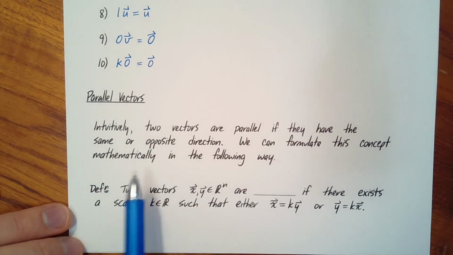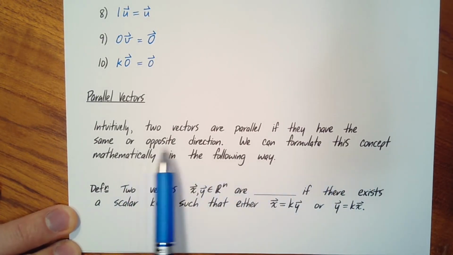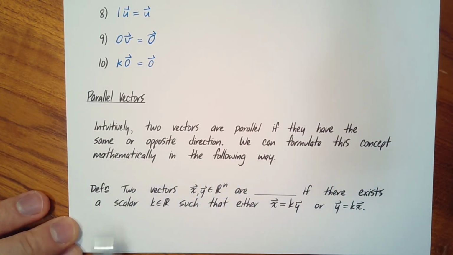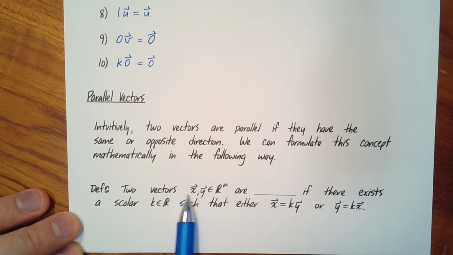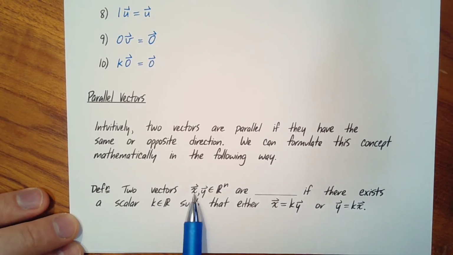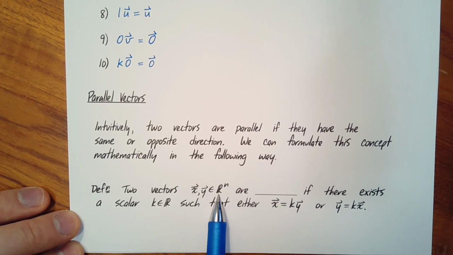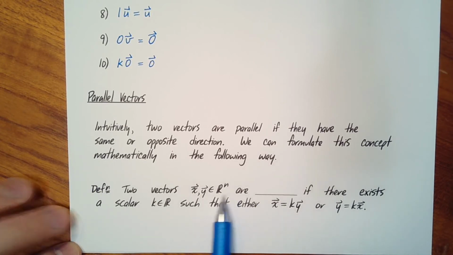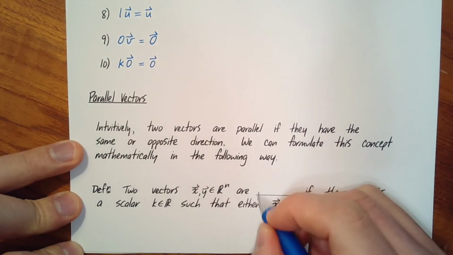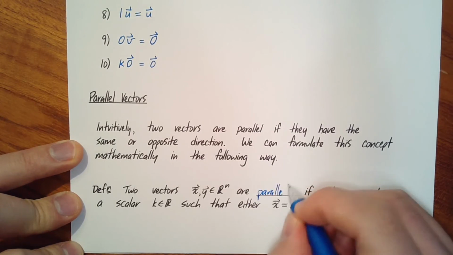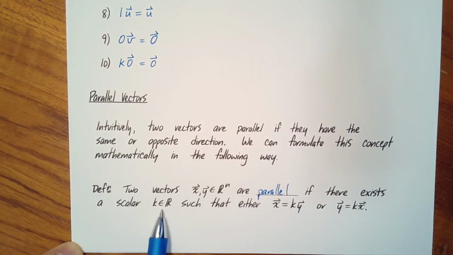We're going to formulate the idea of parallel vectors mathematically with this definition. Two coordinate vectors, x and y, in the same dimensional space, are parallel if there exists a scalar value k such that one of these two equations holds.